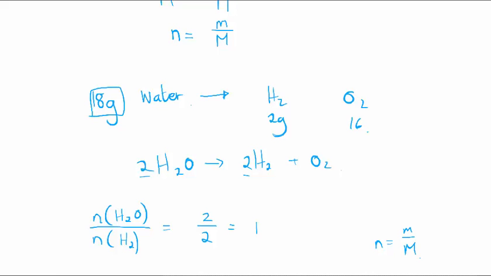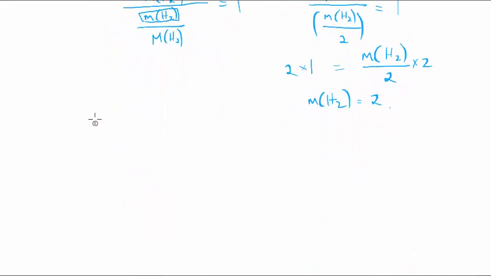But let's say we didn't do it that way. We could have done the same thing. We could have said, if I look at the moles of water compared to the moles of oxygen, for every 2 waters, we produce 1 oxygen. With me? So now we just do the same thing.